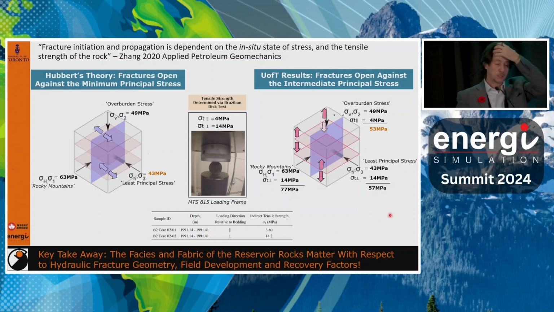Great. So, fundamentally, we need to explain why. And what we realized is that when you test the strength of your rock, in particular, you can see in the middle a Brazilian test, which is a way to measure the tensile strength of the material. We tested a sample splitting along the bedding planes or breaking across the bedding planes. The strength is very different, and the difference is up to 10 MPa.